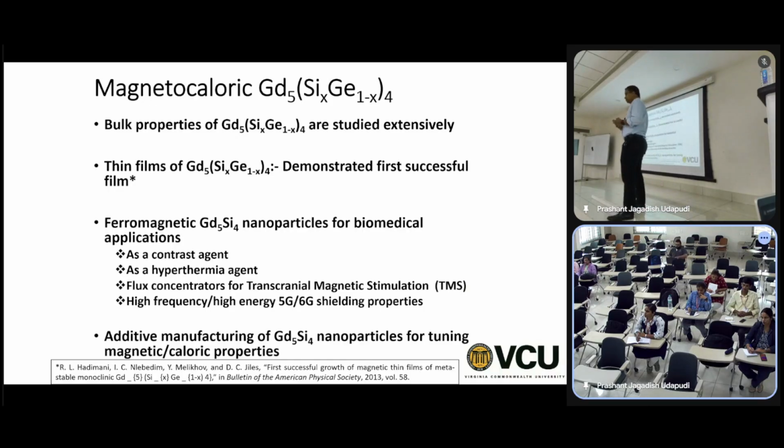But now the problem is, if you take a bulk material and apply a magnetic field, it heats up everywhere, right? Inside as well. But if it heats up, you have to cool it down to room temperature to remove the magnetic field. If you want to remove the magnetic field and cool it below room temperature, you have to first take it to room temperature, right?